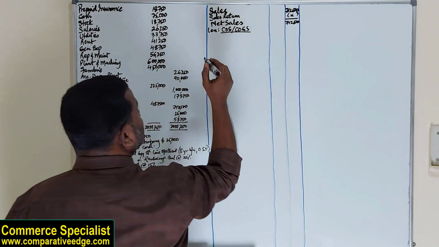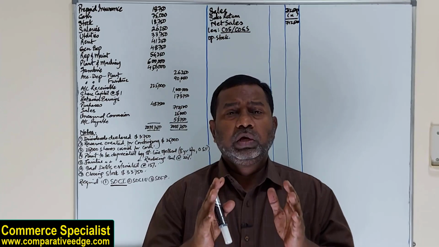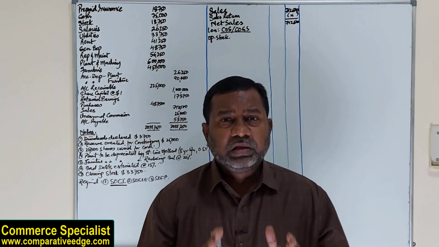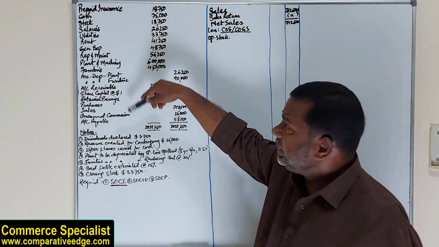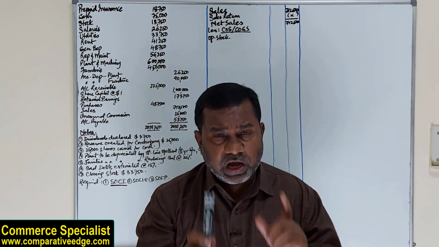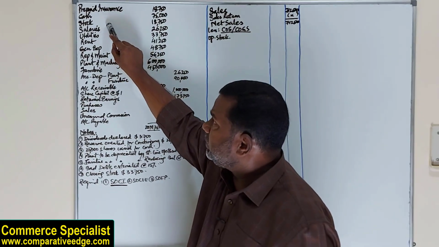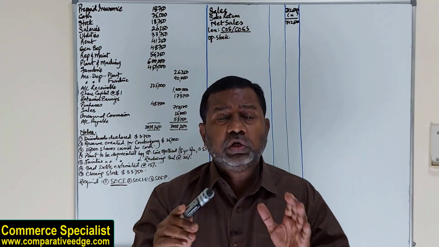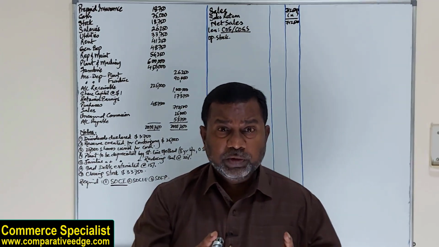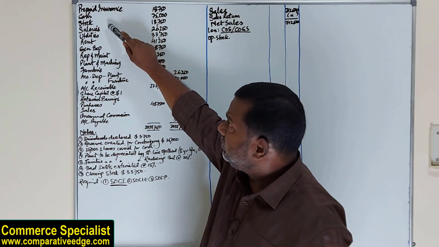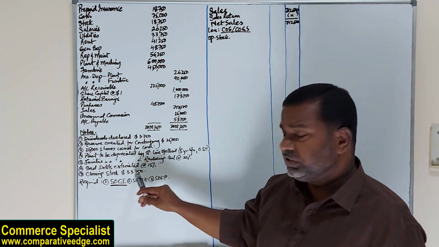It's the same thing. We start with opening stock. Now here you need to understand that the stock which is given in the trial balance, 99% of the time, even though nothing is written here, it is the opening stock. 99% of the time, opening stock is given here in the trial balance and closing stock will be given to you here in the adjustments.